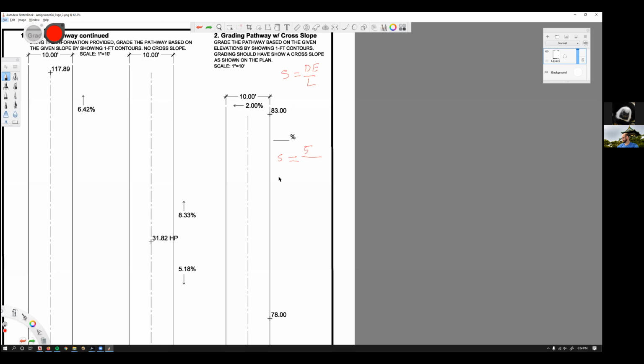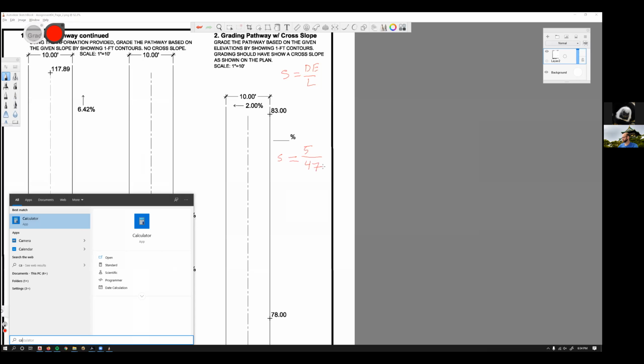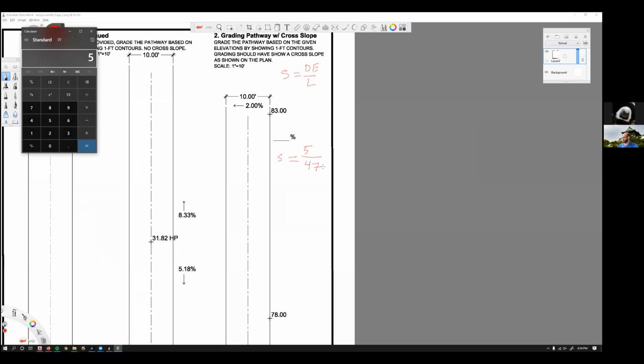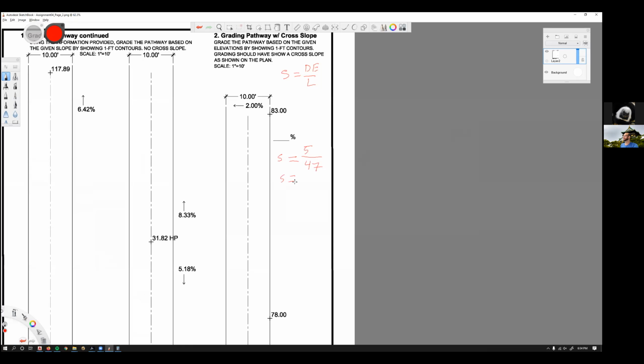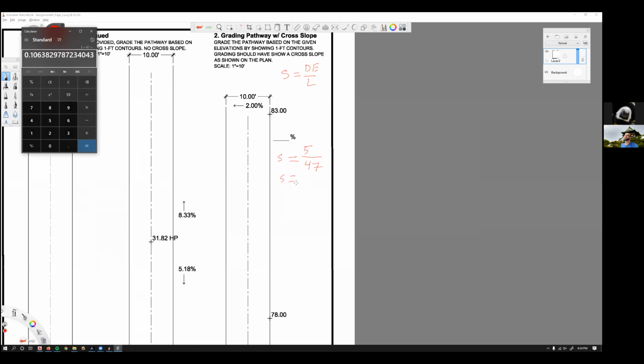Okay, so our length is going to be 47, right? So we do our calculation. 5 divided by 47, so our S is equal to 0.1064.